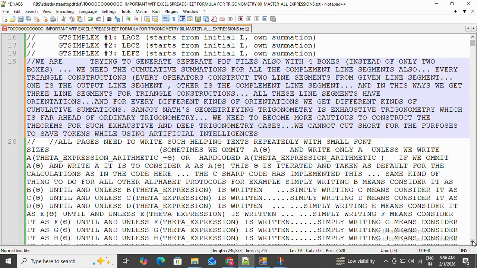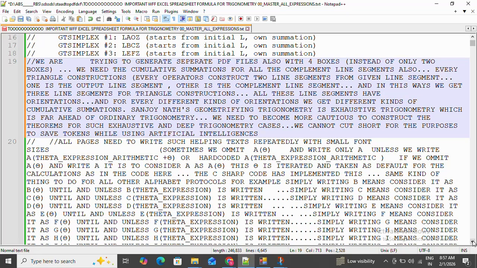And when it comes to the a theta expressions, the sine expressions like plus theta, the hard coded a theta expressions in arithmetic, if we omit the theta and write a only, then we are to consider that a as a theta, and the theta is iterated, and that takes different defaults. And for all other alphabet protocols also, for example, simply writing b means considering it as b theta unless the b theta expression is written there.